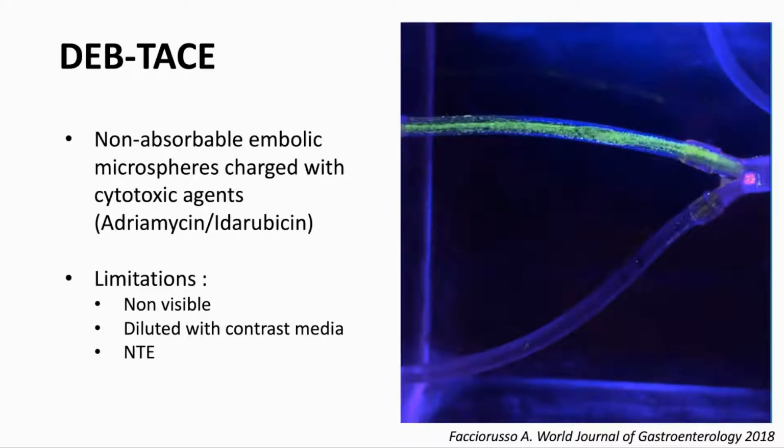The limitation of DEB-TACE is that the beads are not visible and need to be diluted with contrast media to suppose where they are going. So we are afraid of non-target embolization.